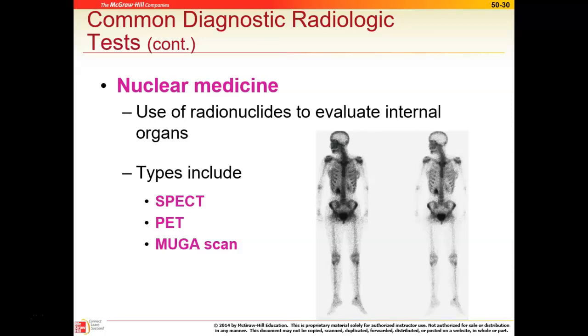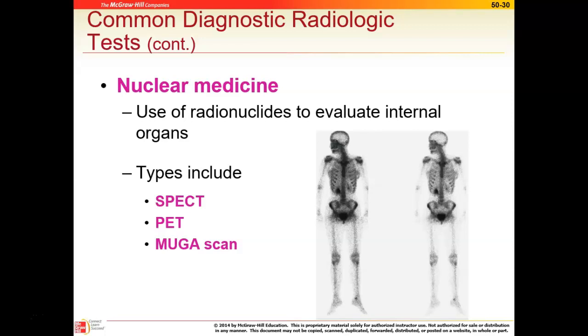And so we have a few different kinds that are here. We have a SPECT imaging, which is specifically used for stroke patients. And this particular nuclear medicine uses something called a gamma camera that actually lights the area up after you've injected those radioisotopes.